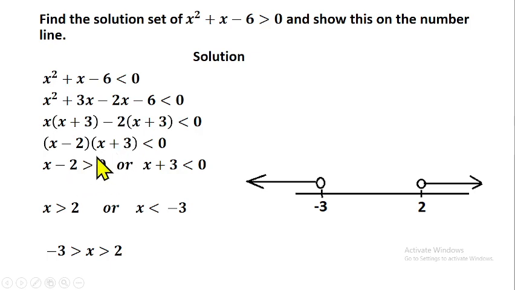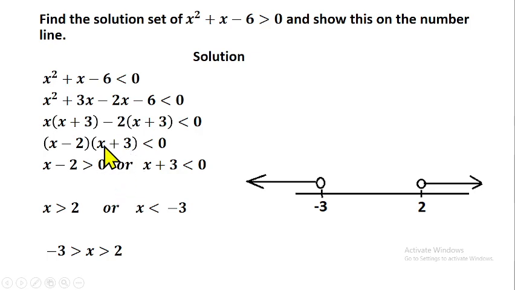You can see that when we split them, we are having s minus 2 is greater than 0, or s plus 3 is less than 0. You can see that one of them is greater, the other one is what? Less. So satisfying the condition. The question is, how do I know the one I'm going to put to be less than 0, the one I'm going to put to be greater than 0? Good. That's the question.